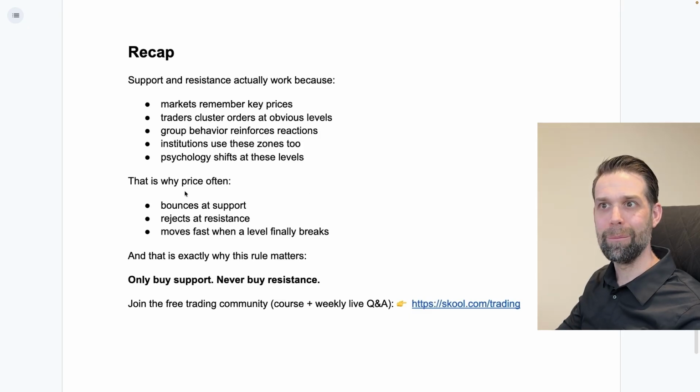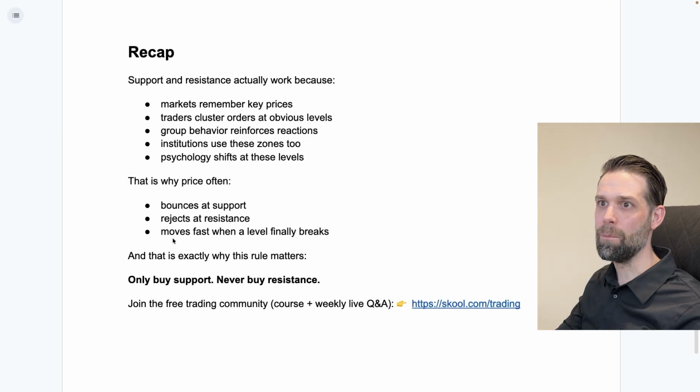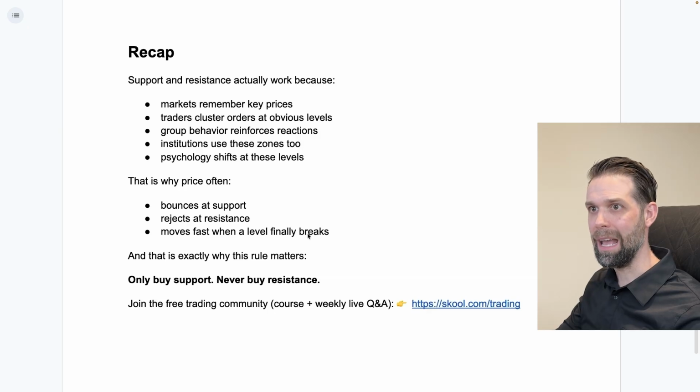And that is why prices tend to bounce at support, why price gets rejected at resistance, and why things actually move quickly when there is some momentum in these areas and certain areas break or hold. And again, that's exactly why this rule matters that we follow. We only buy support, we never buy resistance.